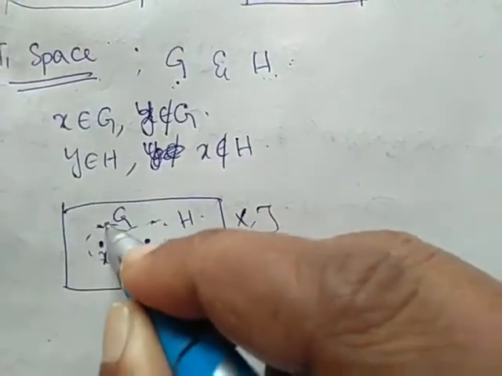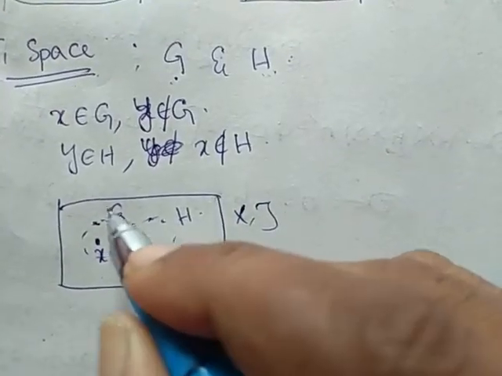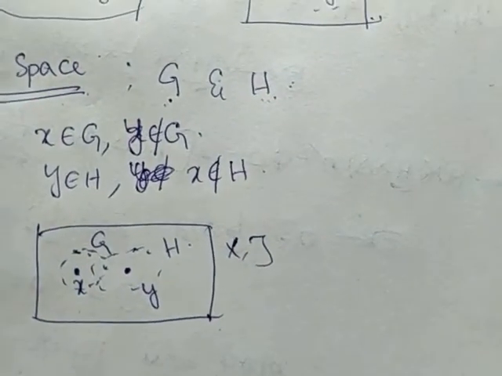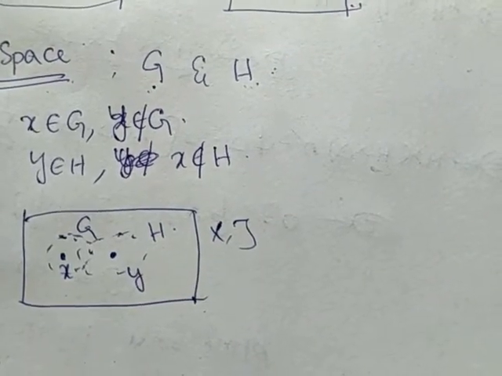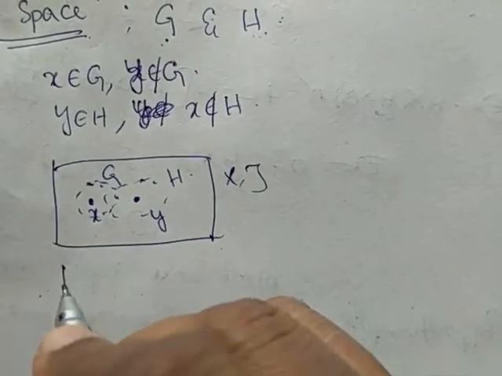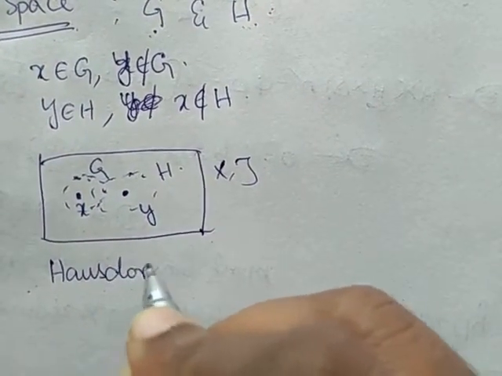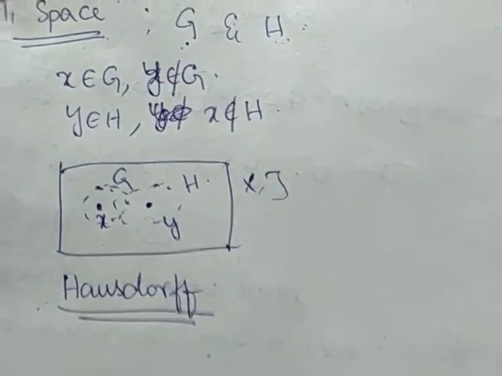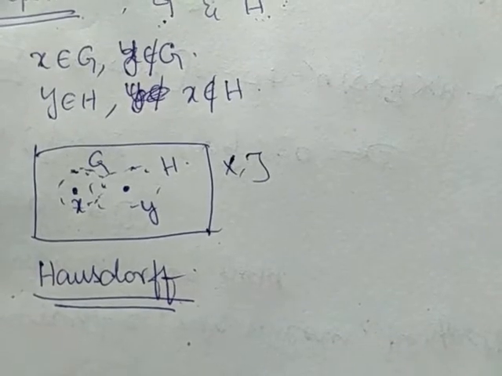See here, x does not belong to H and y does not belong to G. This is our T1 space. Now we are going to study what is T2 space. T2 space is also known as Hausdorff space. So remember this name also. T2 space is also known as Hausdorff space.